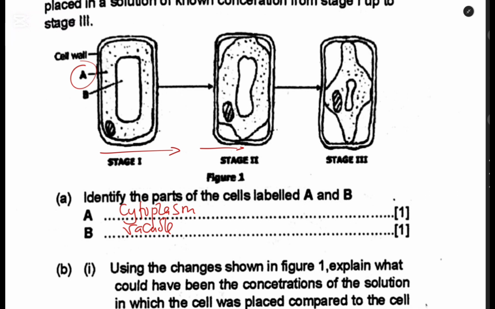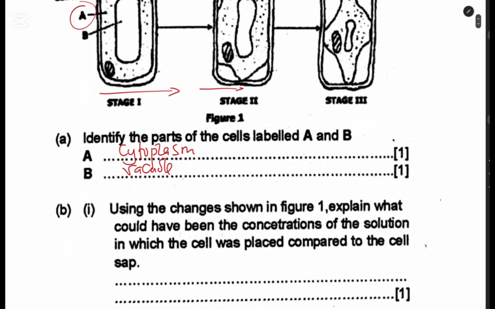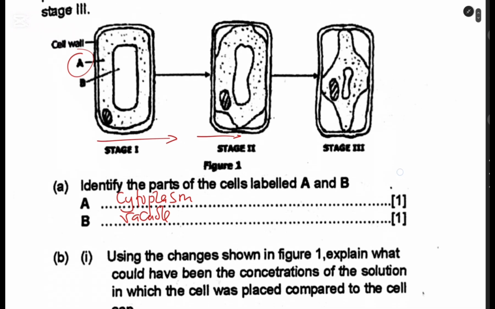Then finally at stage 3, the cell membrane has fully detached from the cell wall, and this happens only if the plant cell loses water. Looking at osmosis, the plant cell can only lose water if the concentration inside the cell is less compared to the outside. In other words, the inside of the cell has high water potential or is more dilute compared to the outside of the cell.